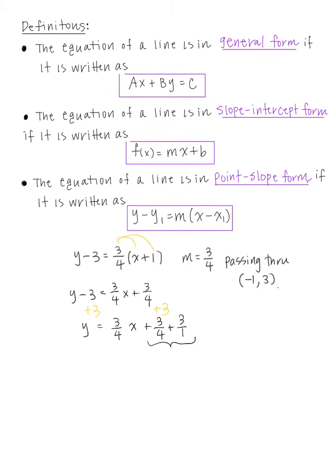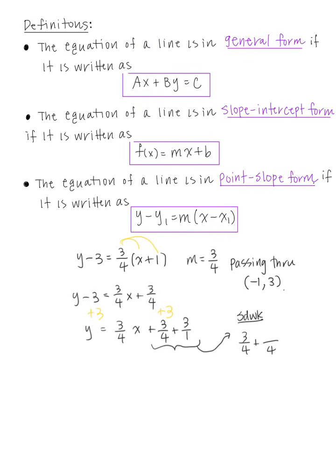Now, as a side work, let's add these two together. So 3 over 4 plus 3 over 1, I need a common denominator of 4. That means that I need to multiply the top and the bottom of 3 over 1 by 4. So on the numerator, you're going to have 12 over 4. So if I add, you're going to have 15 over 4.